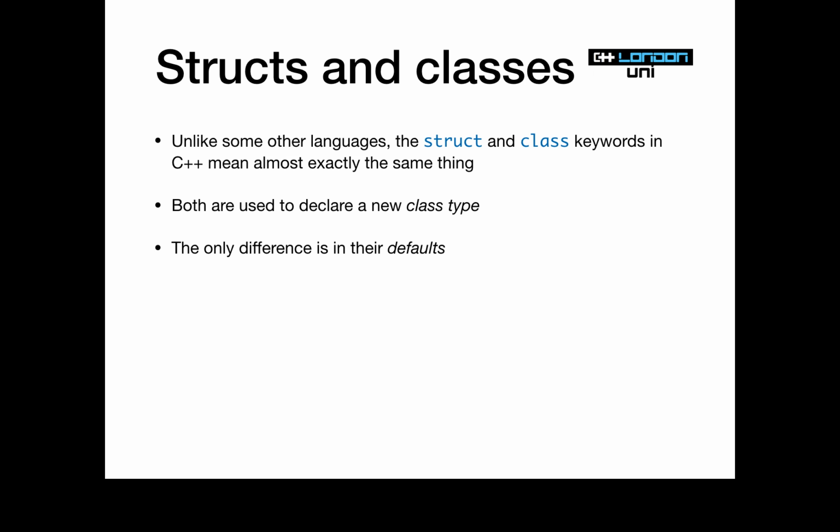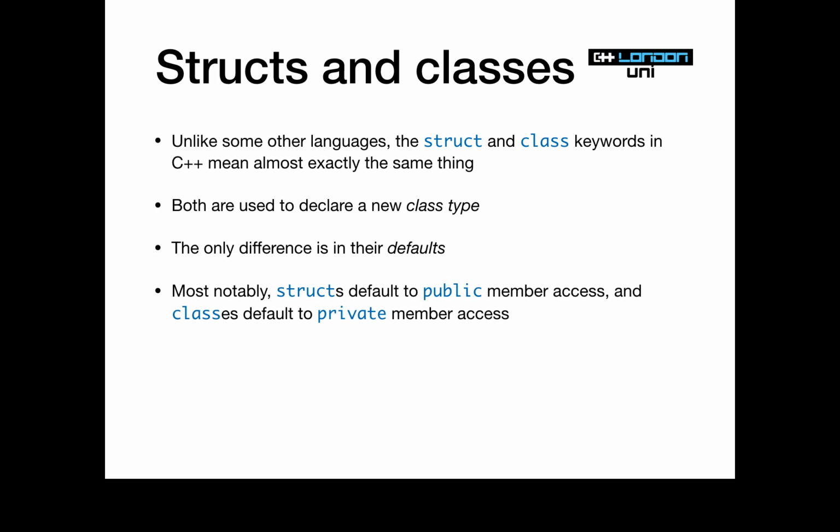So the only difference between class and struct are their defaults. Wherever you use a class, you can use a struct, and wherever you use a struct, you can use a class. The most notable difference, the one everybody can quote, is that structs default to public member access. If you don't put an access specifier, everything in your struct is public. If you don't put an access specifier, everything in your class is private.